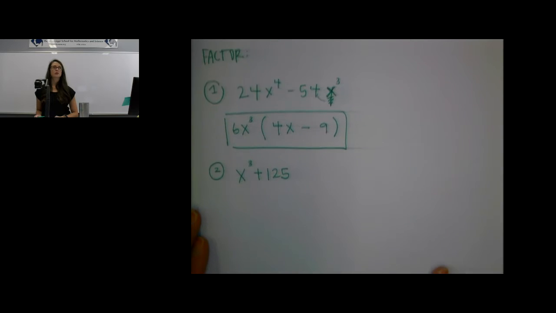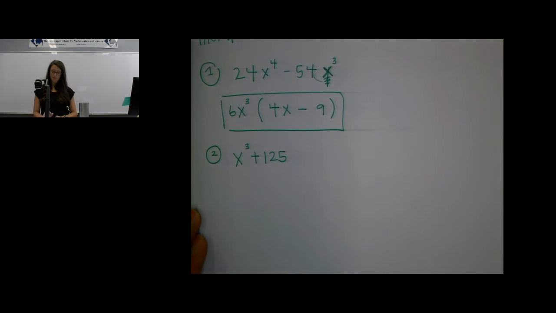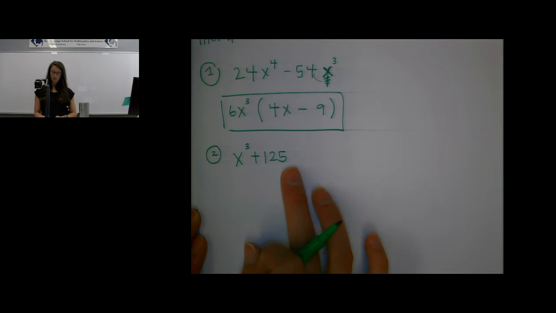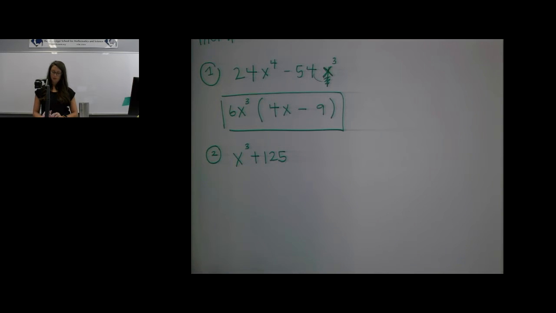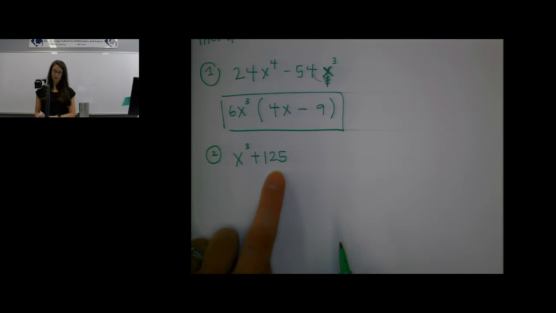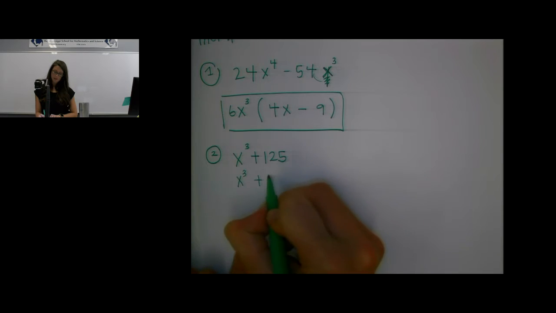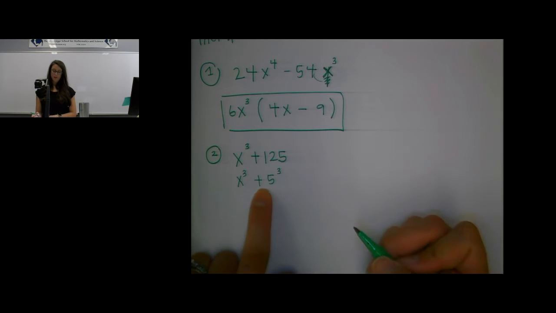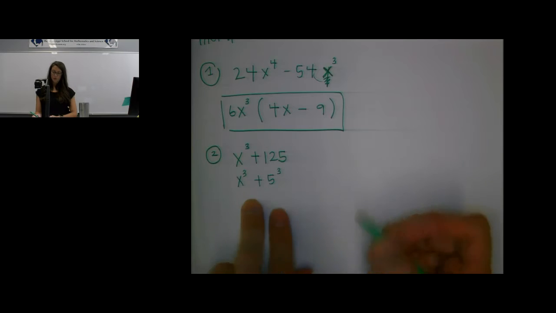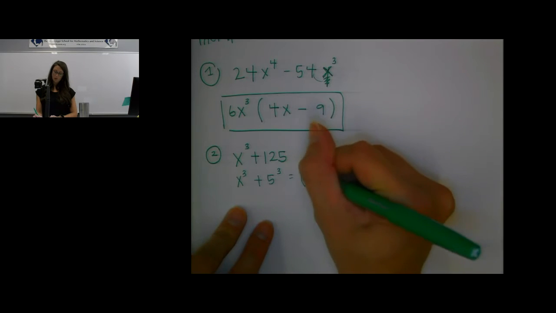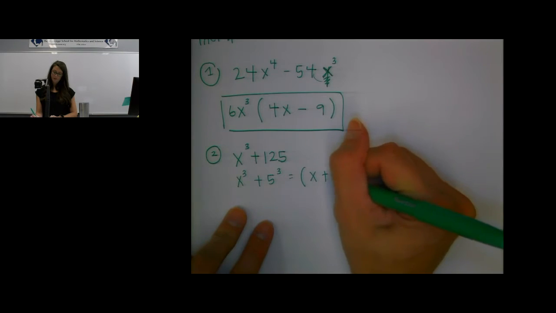Okay, so let's look at this one. Is there a greatest common factor here between x cubed and 125? No greatest common factor. Is my first term a perfect cube? And it is. Is my second term a perfect cube? And it is. So this is really x cubed plus 5 cubed. This is going to be the sum of 2 cubes. So remember, it's going to be one of them, so x plus 5.